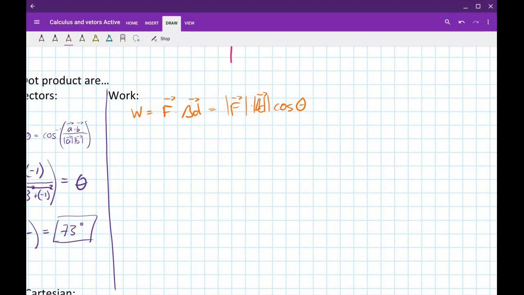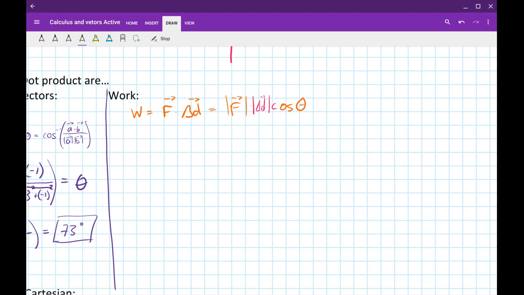You can see that this is actually a dot product formula. We don't use it in Cartesian form in physics class, but we tend to use it in the geometric form, because we don't deal with Cartesian vectors in physics very often. You will when you get to university, though.